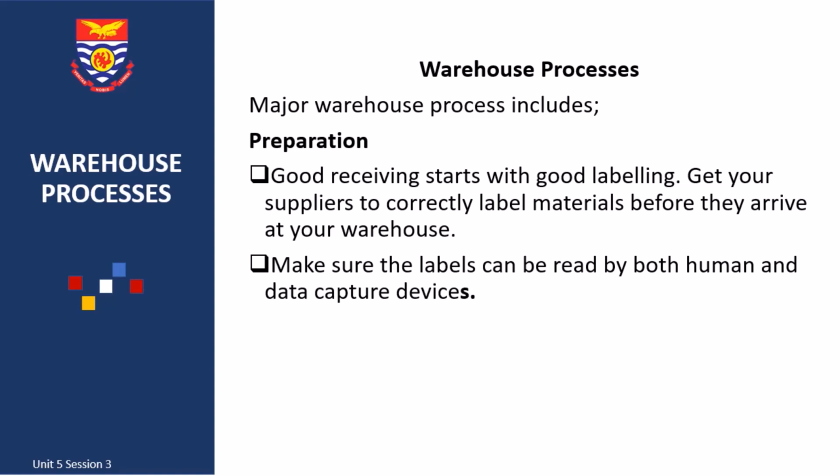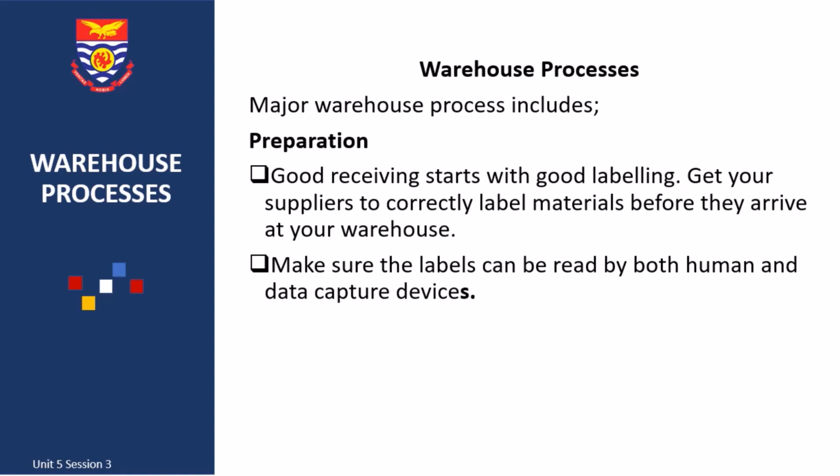One of the first processes that is going to be discussed is preparation. In a typical warehouse, one of the processes that take place is preparation, in the sense that goods have to be in an acceptable format for transportation, for storage, for retrieval, for all the other processes to be successful.